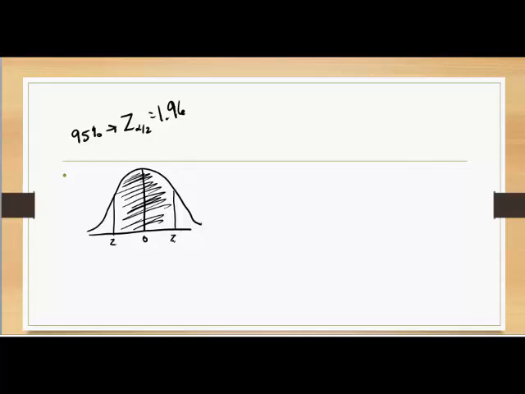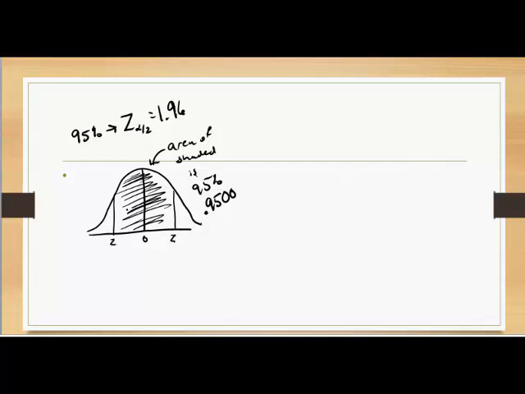All right, so I know now that the area of the shaded part of this curve is 95%, or 0.95, or 0.9500, which is probably the best way to look at that.